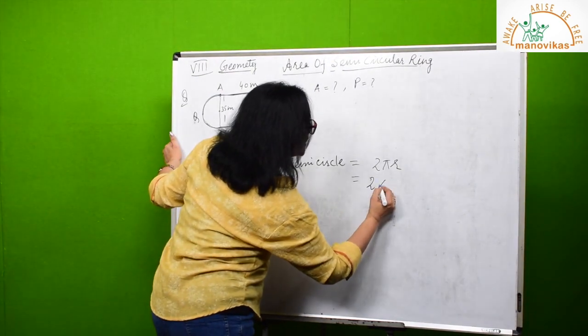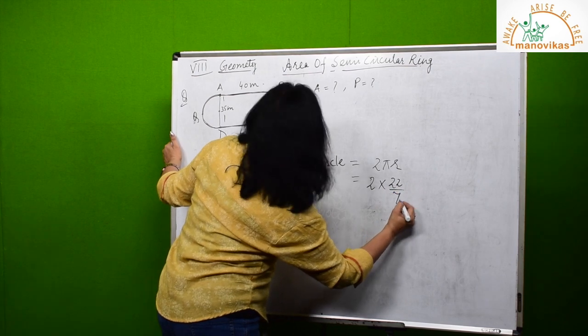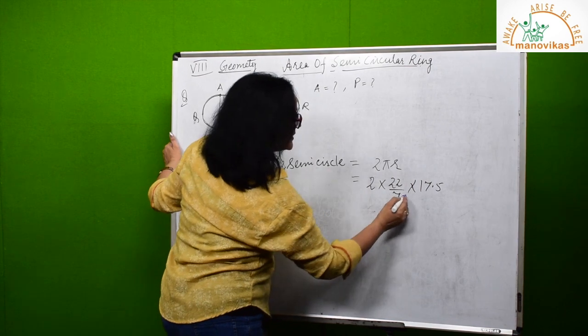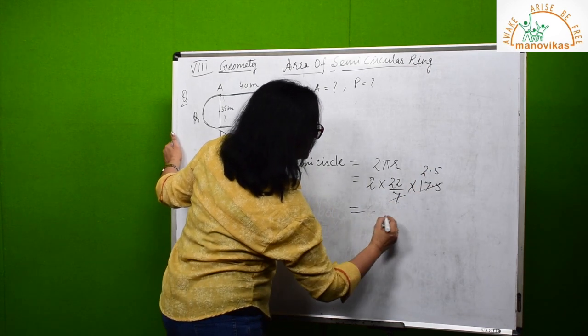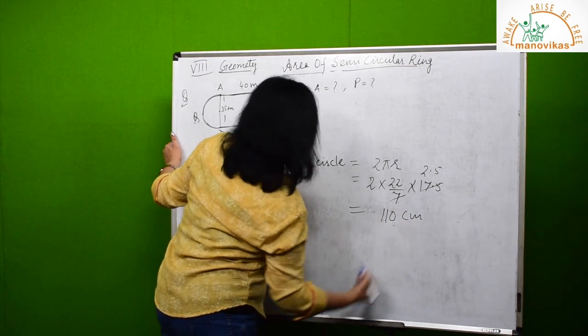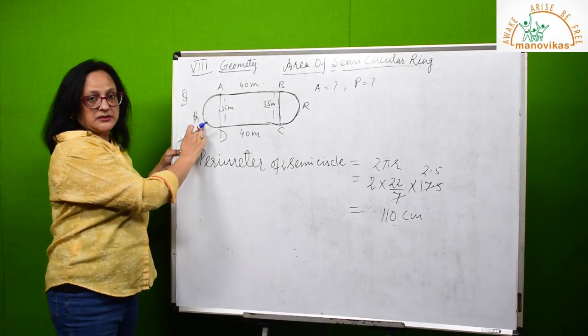To find it, pi is 22 upon 7 and radius is 17.5. Simplify this, 2.5, and this is equal to 110 centimeter. This is the perimeter of the two semicircles.